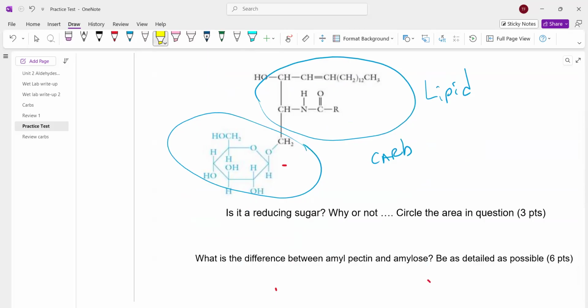And so let's look at OCOs. OCO. And we have no OH attached to that OCO. So the answer is no, hemiacetal present. And I would typically, instead of saying 3 points, I would say 2 plus 4. 6 points. 2 for yes or no, and 4 points for whether you answered the why part.